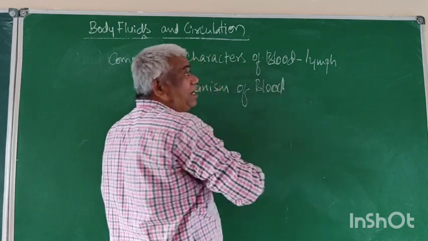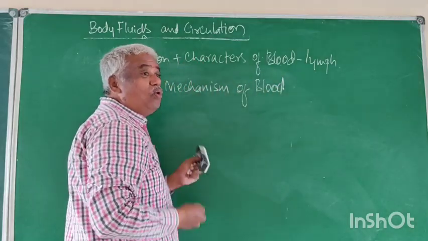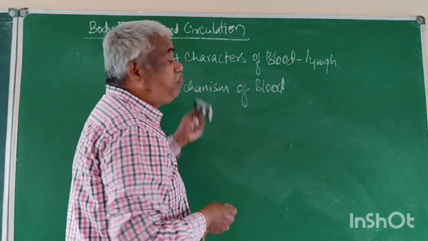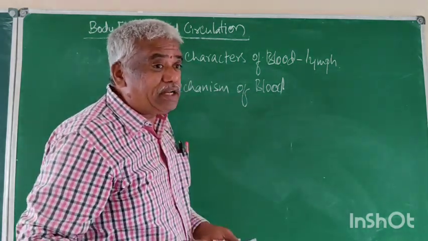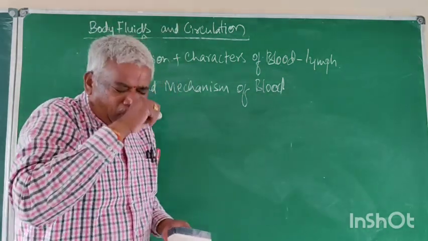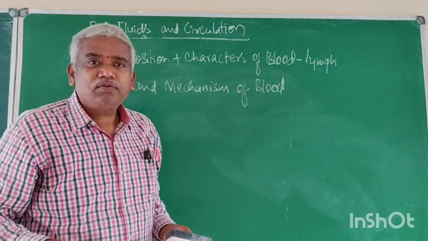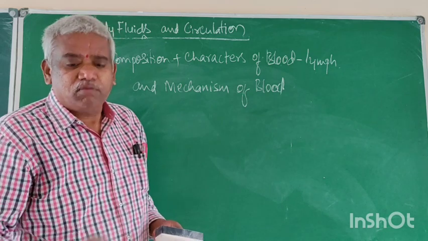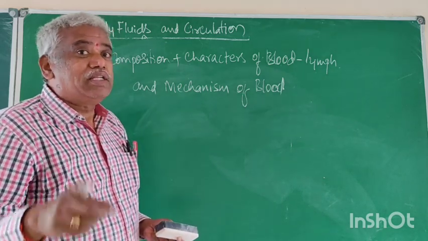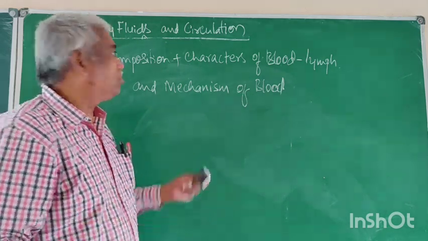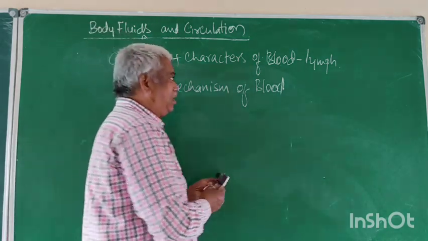How does the blood circulate? The blood is a fluid. It cannot stagnate at any point. It will be circulated. It is circulated throughout the body. So, which organ helps? Heart. That means we can discuss the structure and function of the heart in the mechanism of blood circulation.